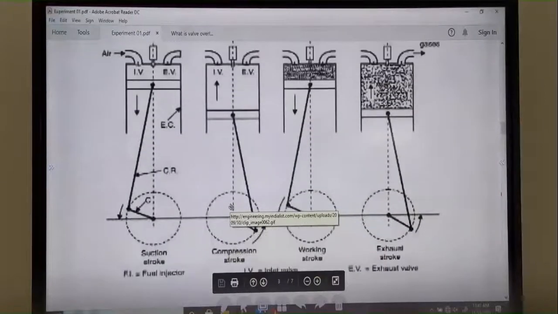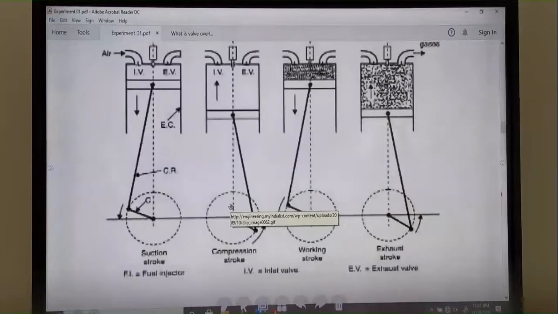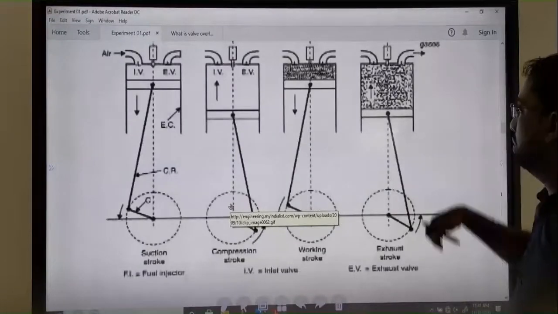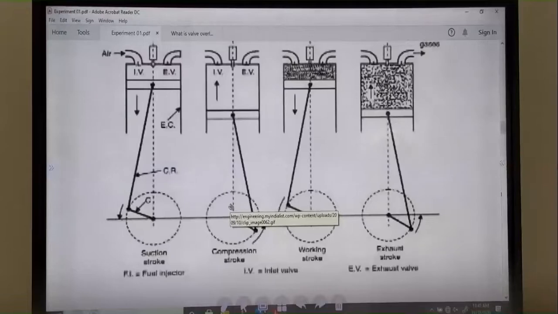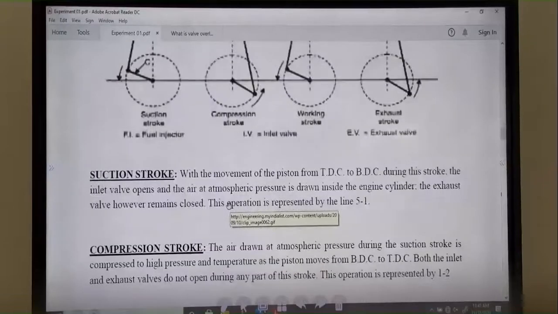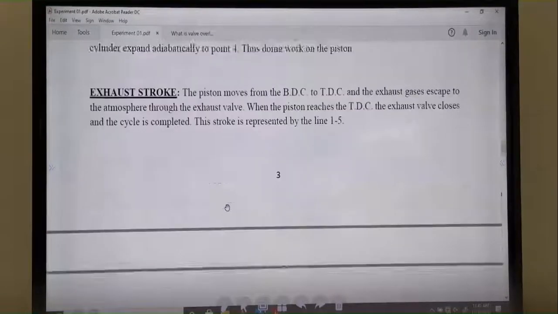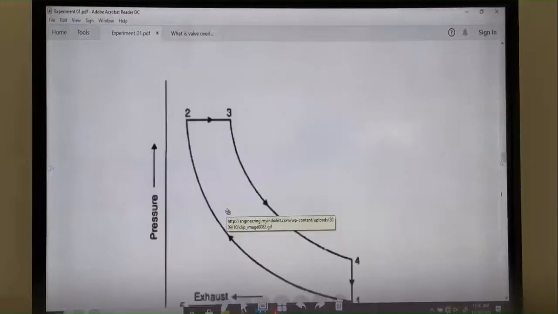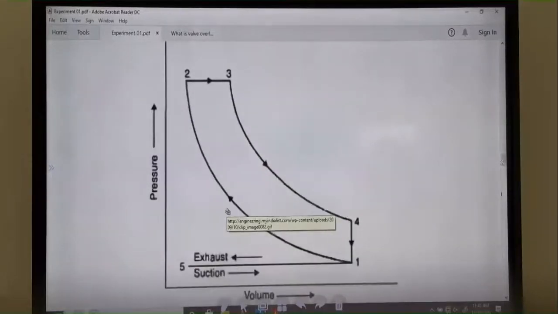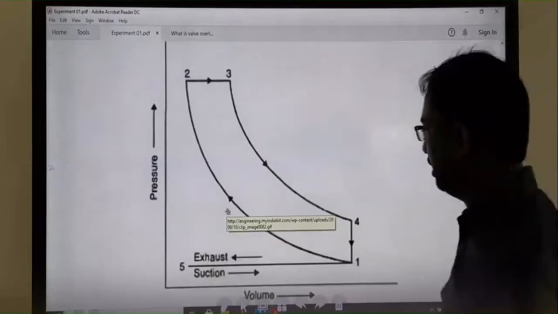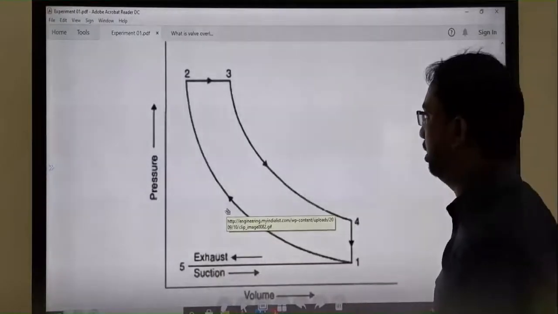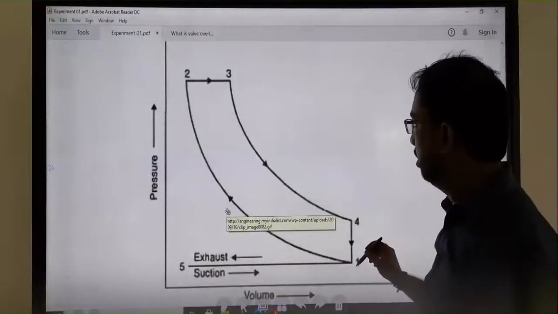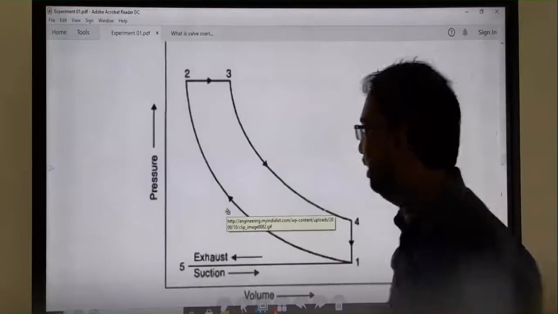So here we can show that the exhaust process is also the same as the petrol engine. So this is the PV diagram for diesel engines. Here it is the same as the petrol engine. You can see one thing.